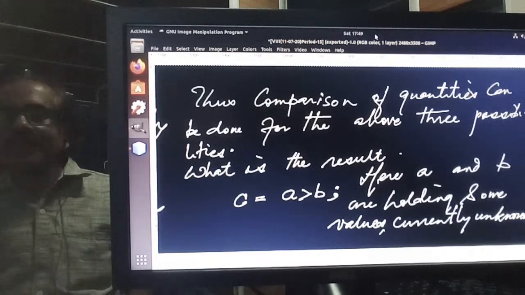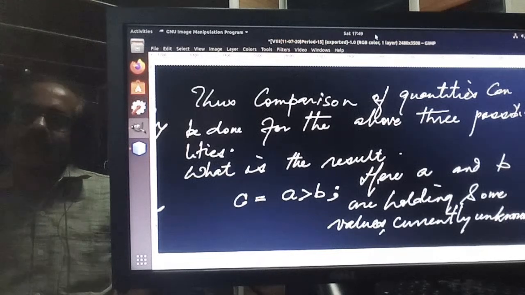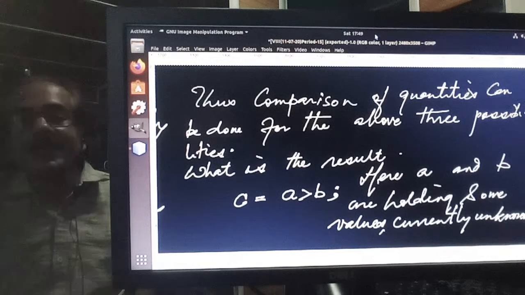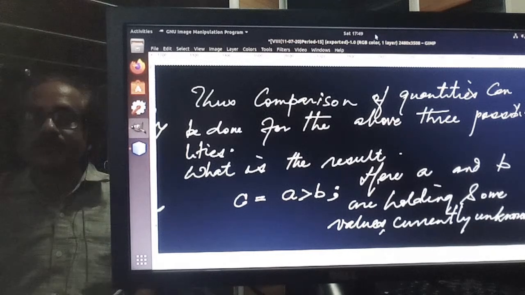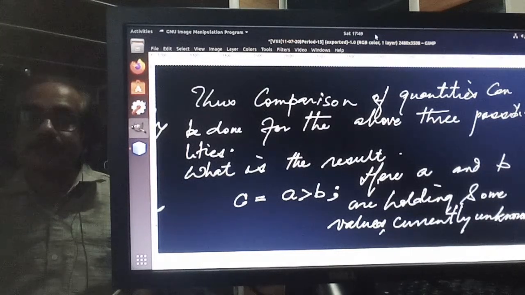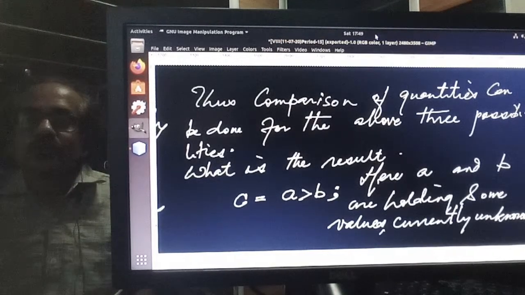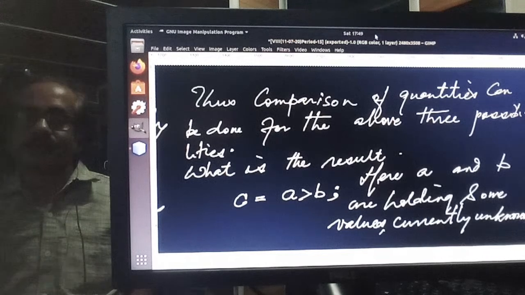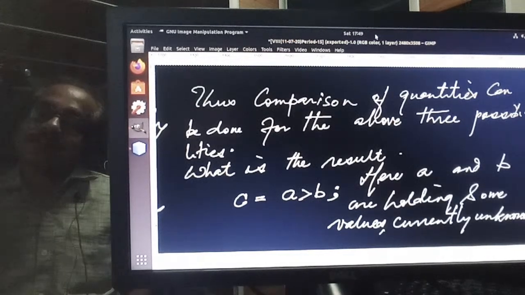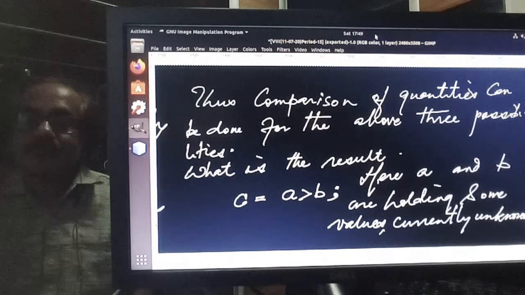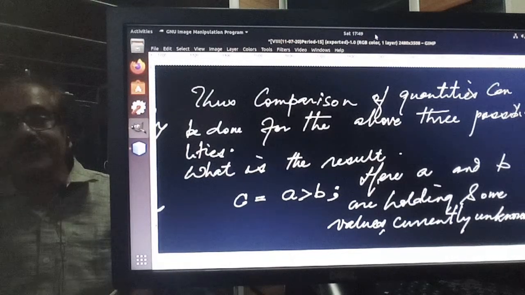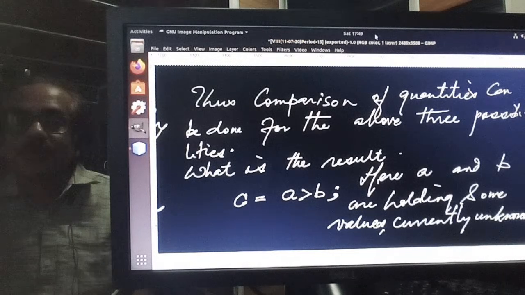You are writing the expression A greater than B, means you are checking whether A is greater than B or not. So what is the result? The result is only true or false. It will be either yes or no.